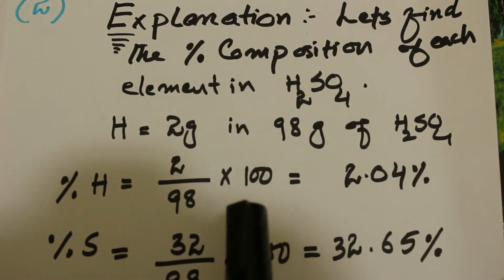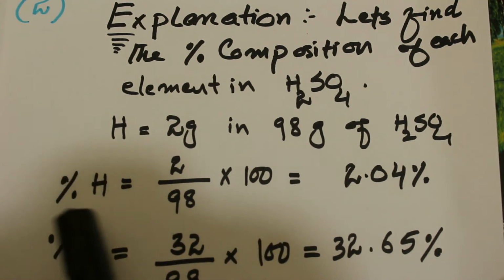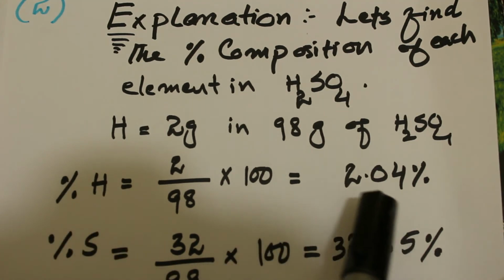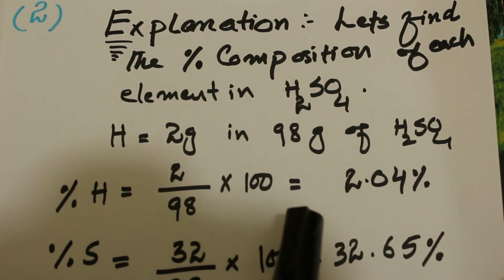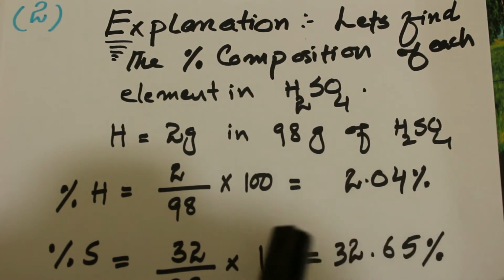Or if we take 100 grams of this sample, then how many grams of hydrogen will it contain, which is called the percent composition of hydrogen. And you can write it down this way, which is equal to 2.04%, and it means that if you take 100 grams of this sample, then you will have 2.04 grams of hydrogen in this 100 grams of the sample.